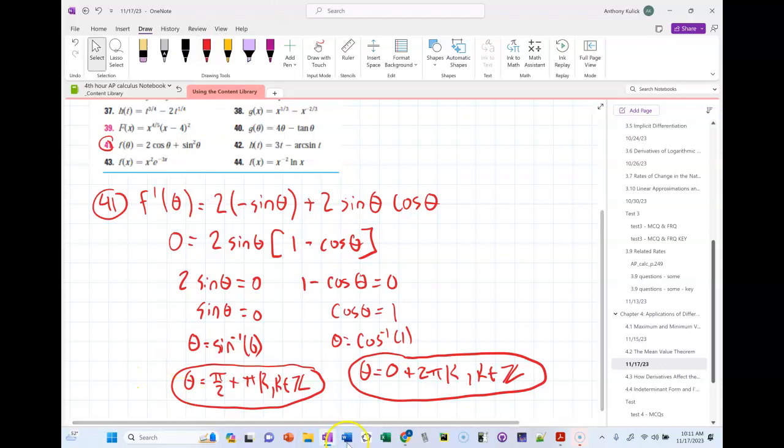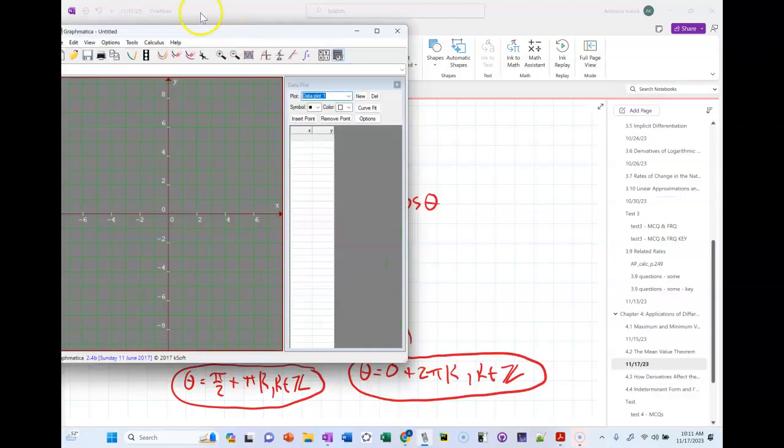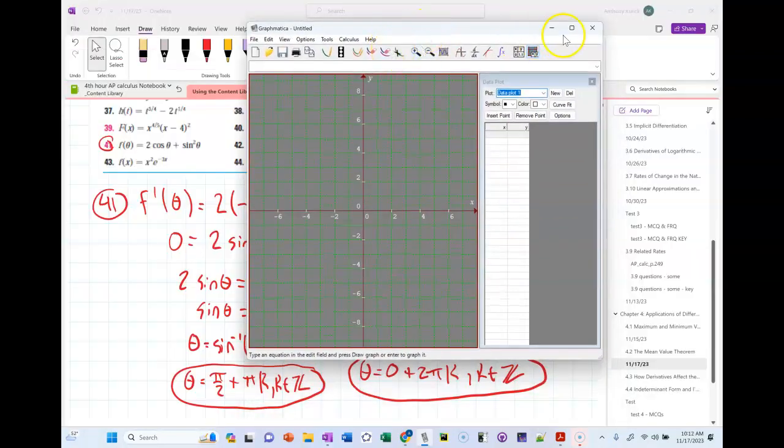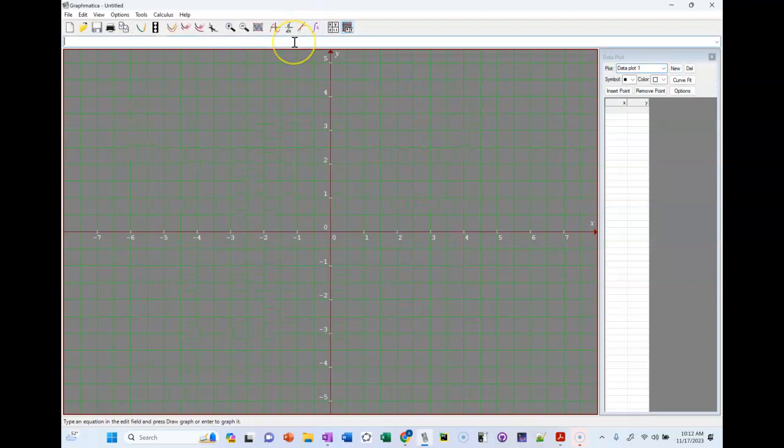And if you were interested, we can always quick plot f and look at the maxes and mins going on, right? So y equals 2 cosine x plus sine squared x.